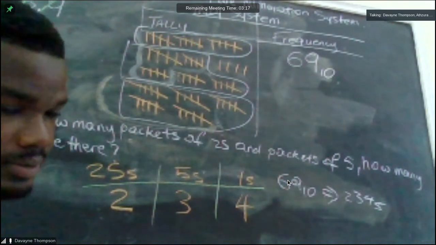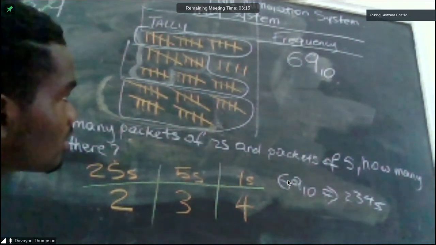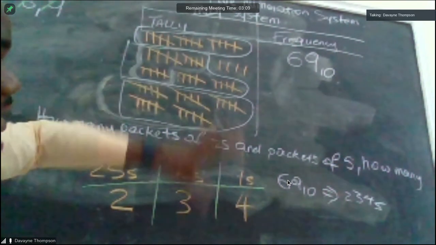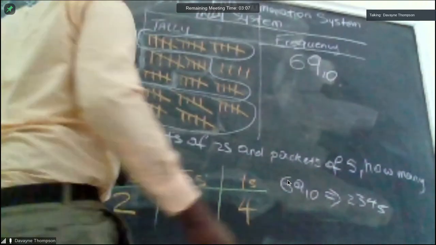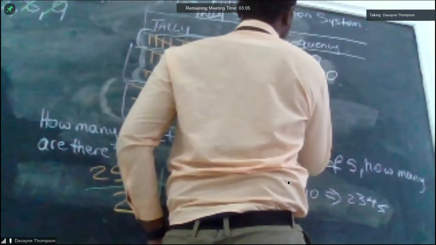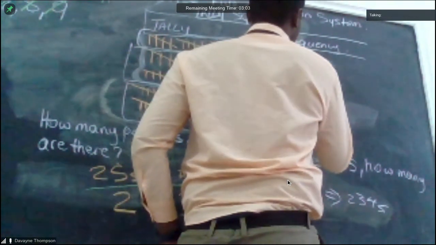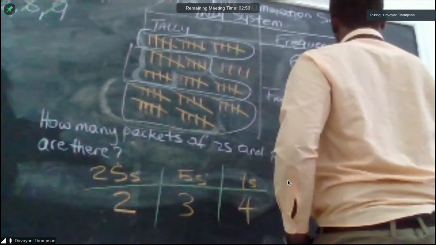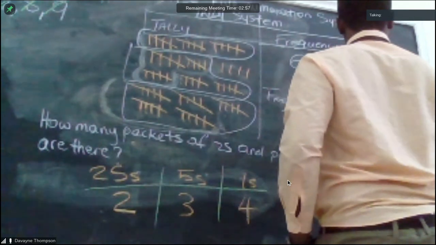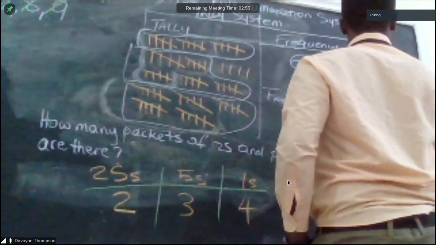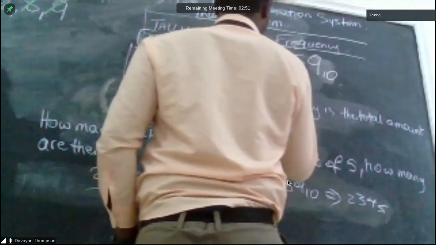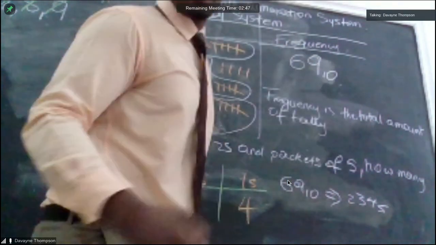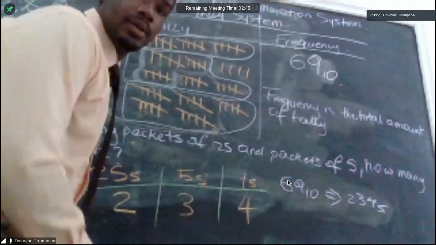So frequency is the total amount of strokes in a tally. Frequency is the total amount of tally.